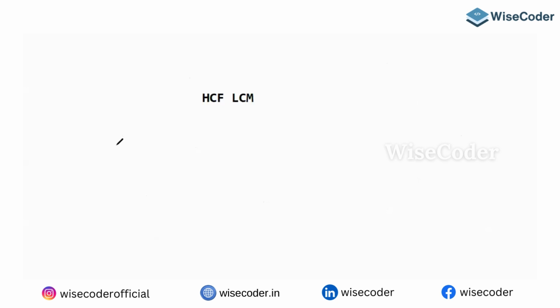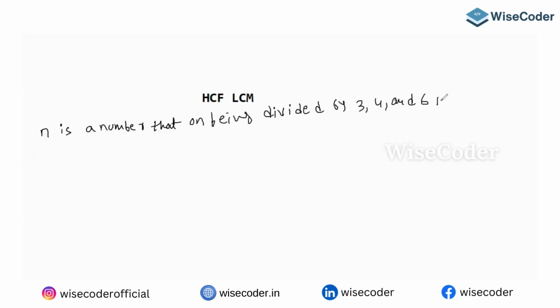Look here. Write down a question. N is a number that on being divided by 3, 4, and 6 leaves a remainder of 1, 2, and 4 respectively.